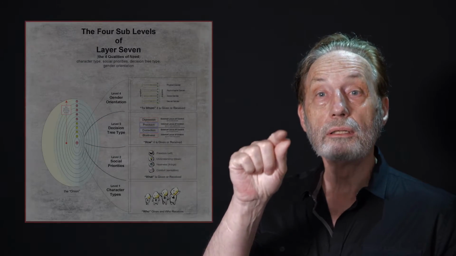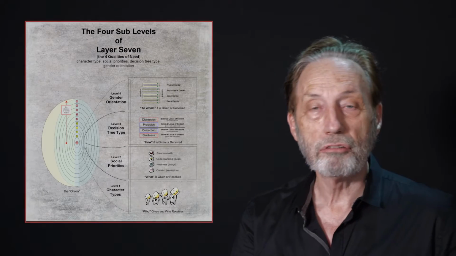And so we have 4 layers, and in layer 7 there are 4 sublayers. So in the 4th layer out, there are 4 sublayers. Can you imagine that you are looking at 4 layers of an onion from the center, and then you zoom in with a microscope and you realize that in that outer layer, there are 4 subdivisions in that layer itself?